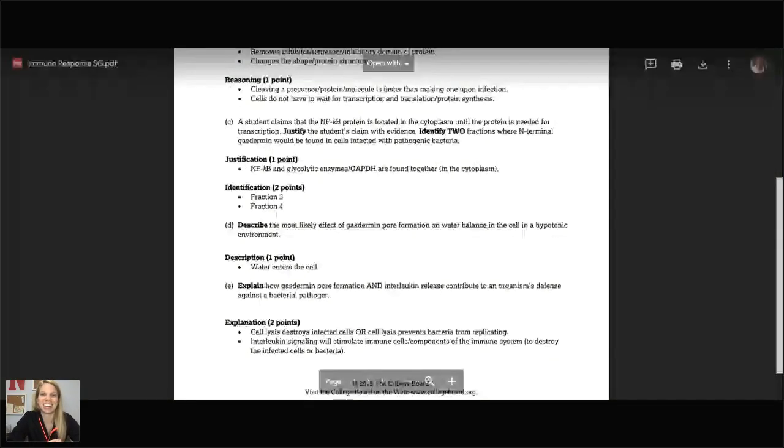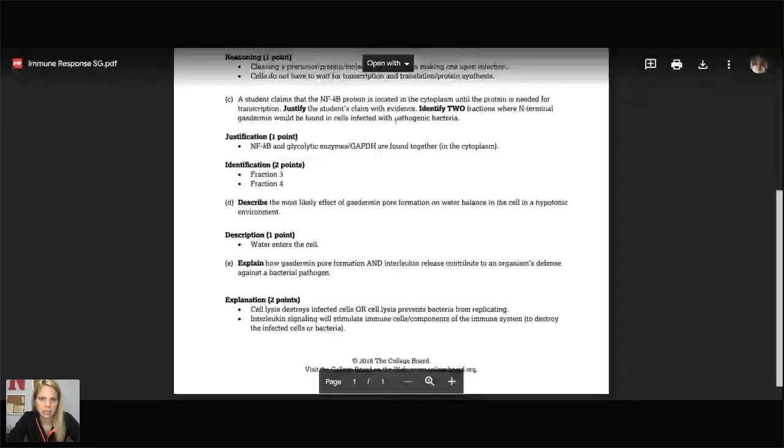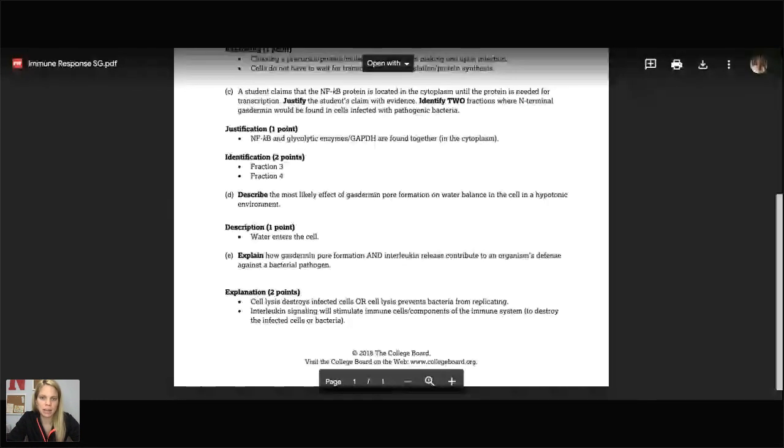That's the one thing about Crowdcast. I can't show you both of the screens. You can see both of those are in the cytoplasm. And then you would see that in fraction 3 and fraction 4, because again, when you go back to the actual question, you would see that is where those proteins are present.